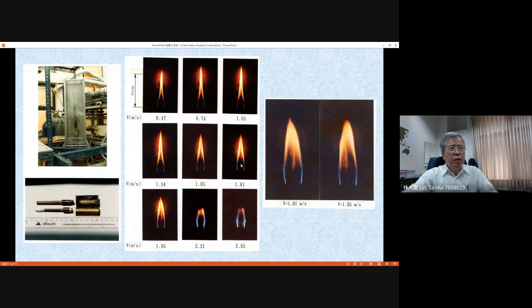Especially when you take the picture, enlarge it and study it, as the velocity goes to 1.81 in this case, and 1.95, I enlarge it and you can see this very nicely. In your diffusion flame there is some soot particle, right? Soot particles are a good seeding for our visualization because they emit yellow color to tell you the motion.